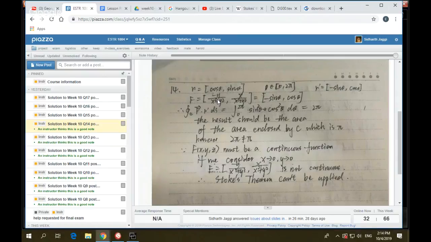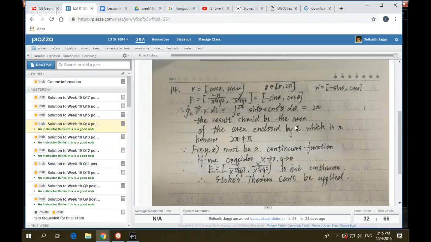On the other hand, if you use Stokes' theorem, you convert this to the curl of f cross the normal vector, and the normal vector is just a constant vector because the surface here is just the disk. The curl of f in this case is also going to be pointing in that same direction. So you should just get the area enclosed by this curve, which is pi r squared, which is going to be equal to 1.